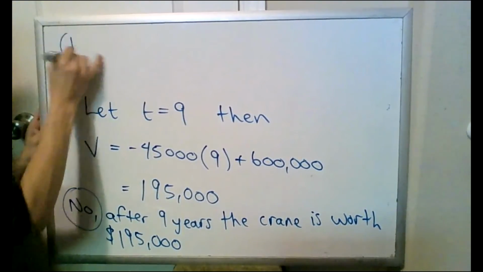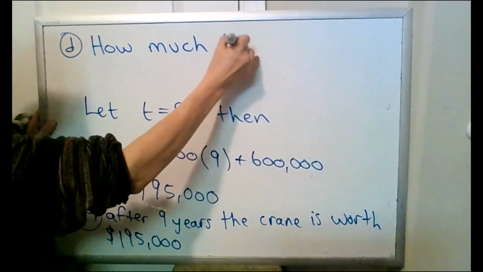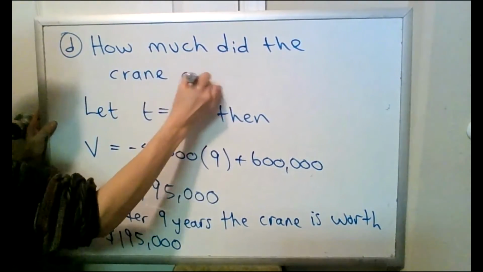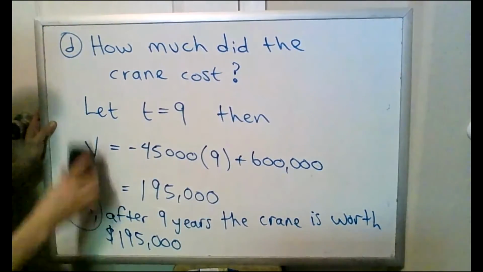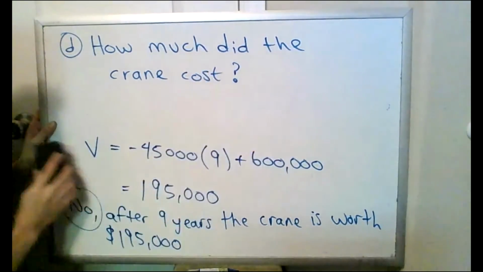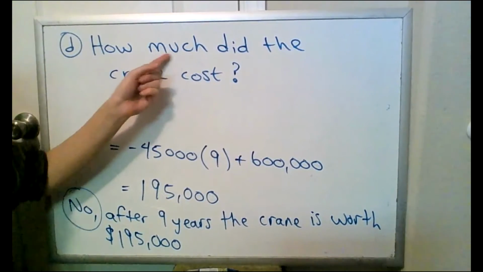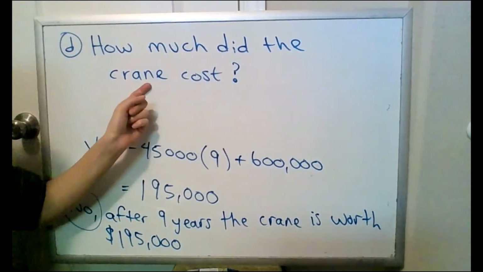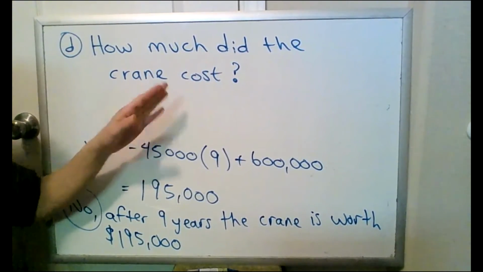So finding that value V is when you first purchased it, so at time t equals 0, right at the beginning.